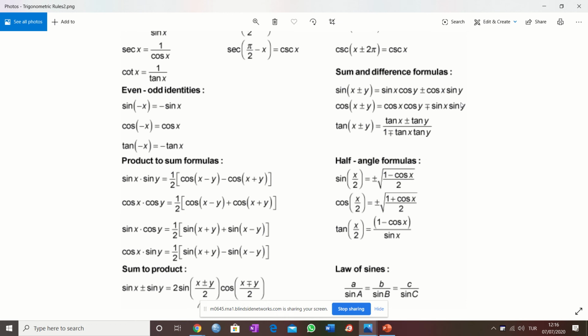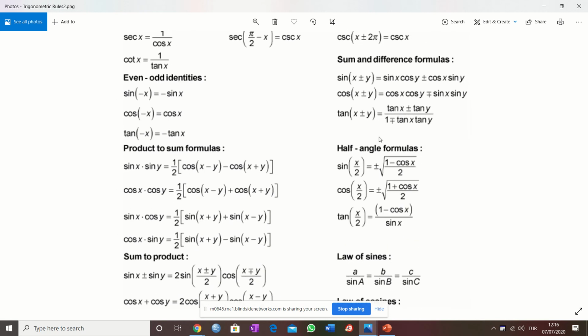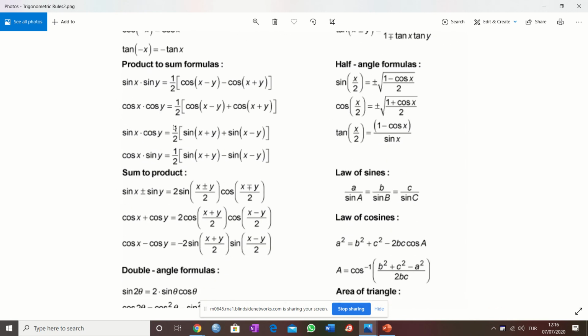It's important to know some formulas as well as how to solve questions by using these formulas. So this is sine, cosine, tangent here. This is the sum and difference formulas. We have product formulas. You must recall this even from high school.